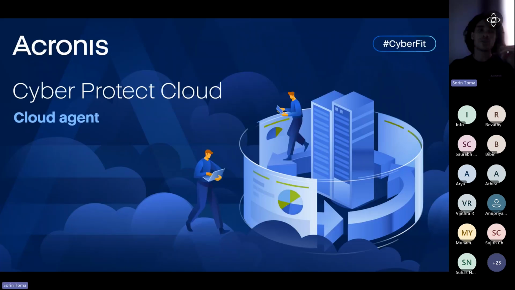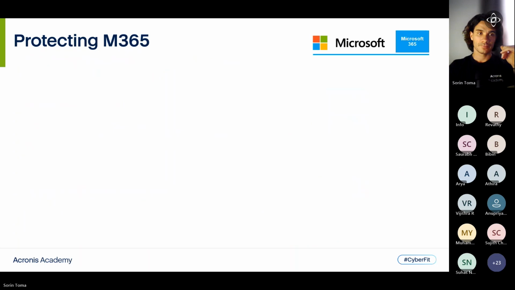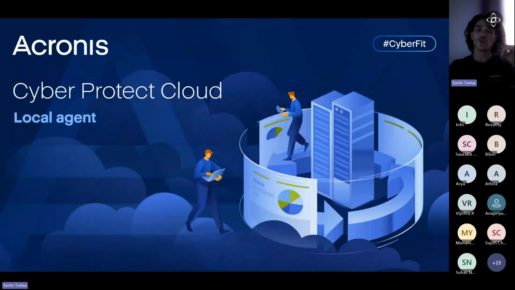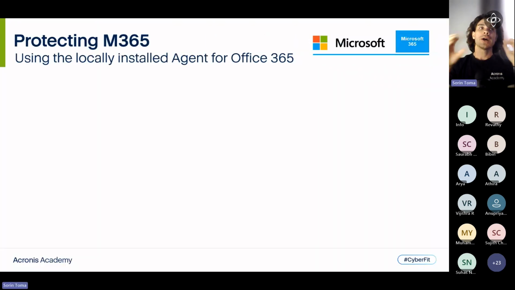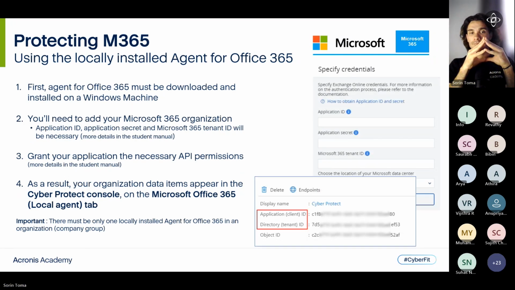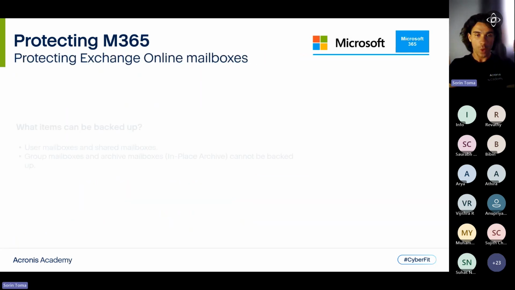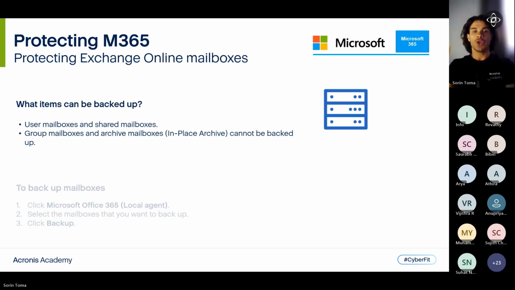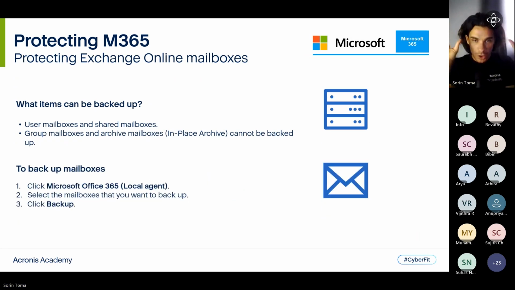But when it comes to on-prem, using the local agent, we can only back up mailboxes, right? So for on-premise, with the local agent, you can back up user and shared mailboxes.